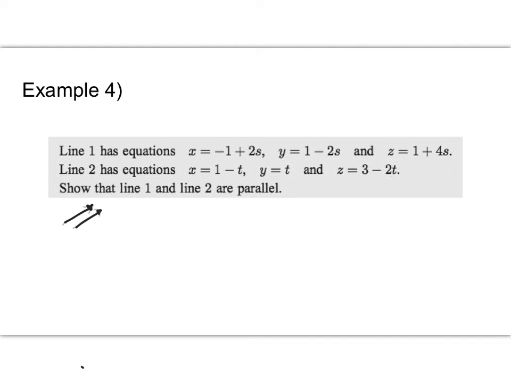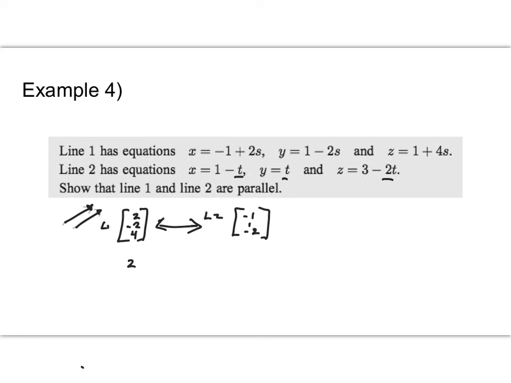If I look at my direction vector for line 1, it is 2, -2, and 4. For line 2, it's -1, 1, and -2. If they're parallel, there's also going to be something else that happens: one has to be a scalar multiple of the other.